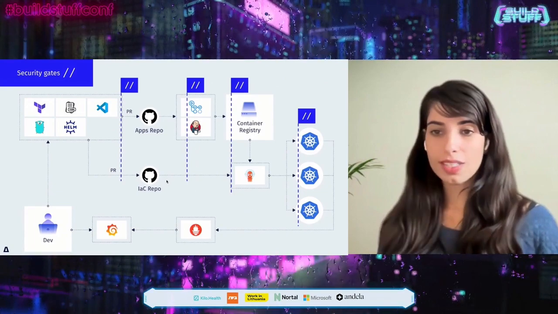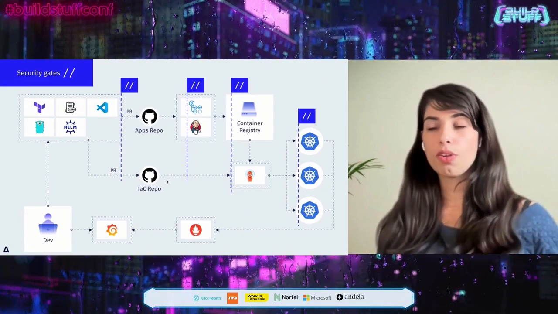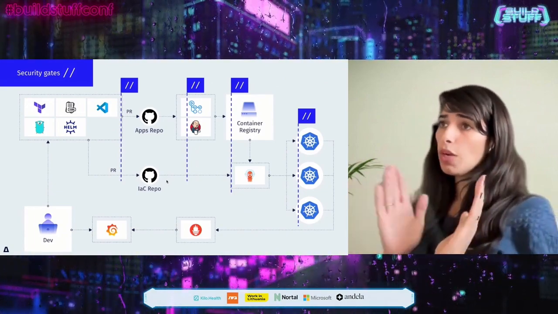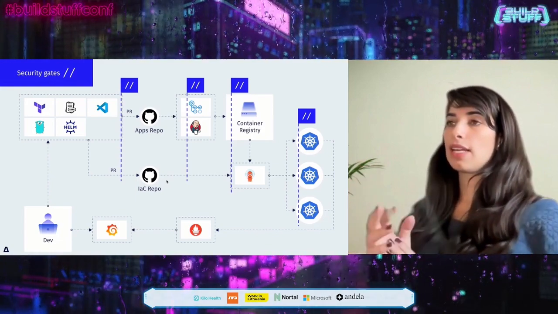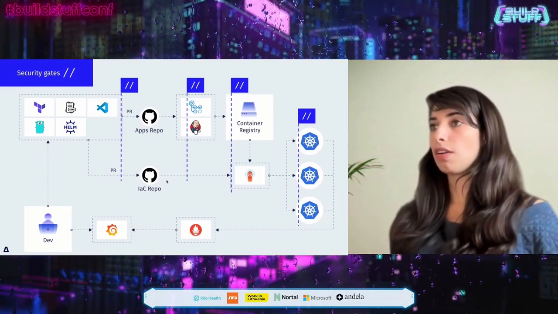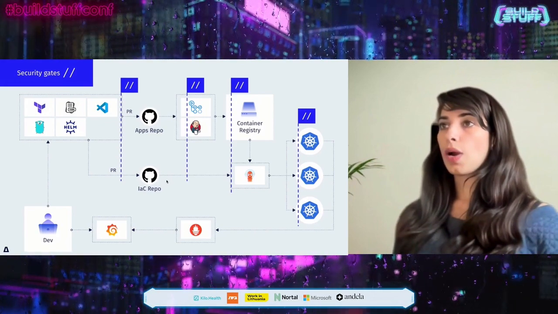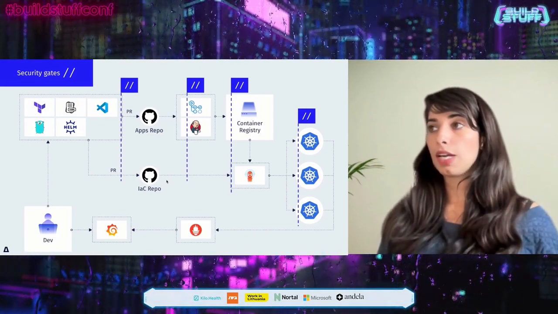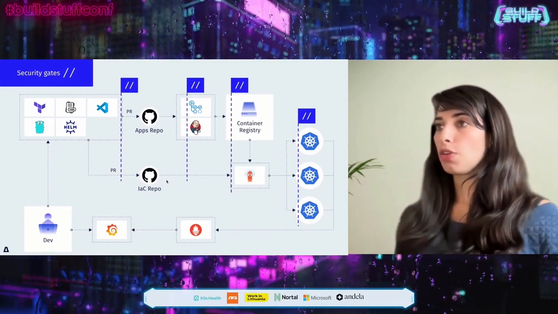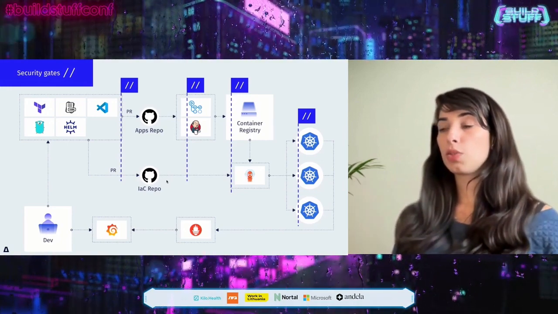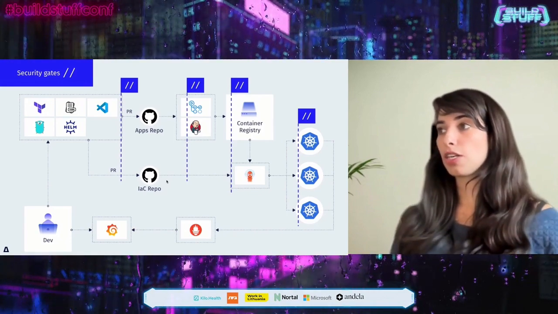That will cost us less. It will be easier to solve. And when I'm putting all those security gates, and as you saw, there are quite a lot of products that are dealing with this matter. And it's very simple to add those steps into your pipeline, and it's very important.